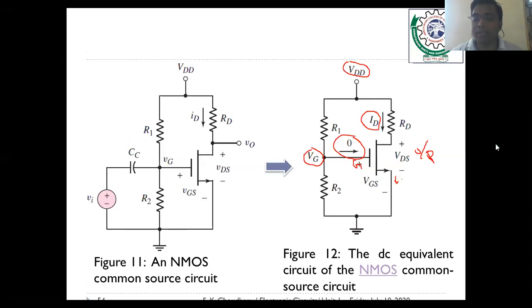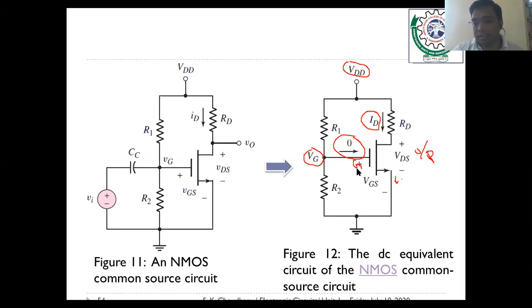For an ideal MOSFET it is infinity, and for a practical MOSFET it is a very high value. Because of this very high input impedance or input resistance, it does not allow the flow of any current across this terminal. That's why IG is always zero in all configurations and circuits for MOSFETs.